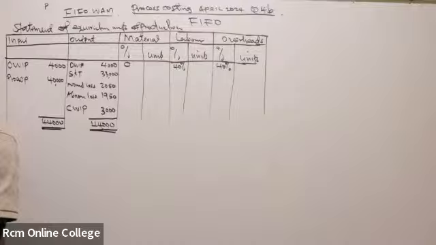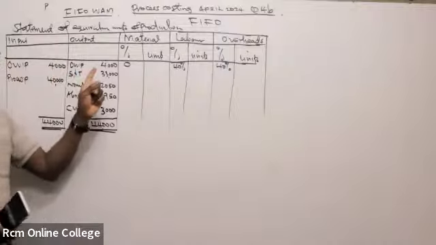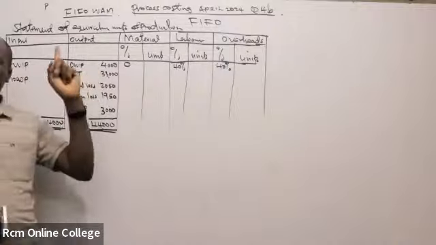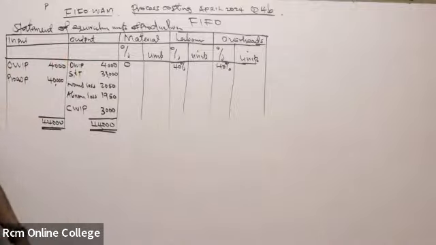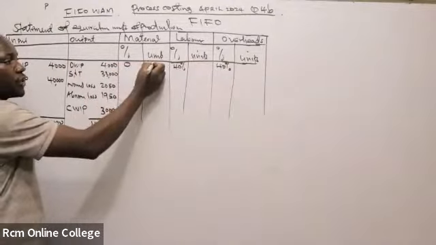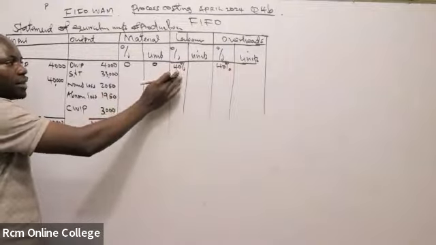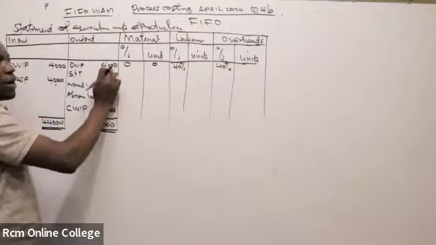Now, our opening work in progress is 4,000 units. For material, we are completing 0%, so material will be 0 units. For labor, we are completing 40%. So what is 40% of 4,000 units?